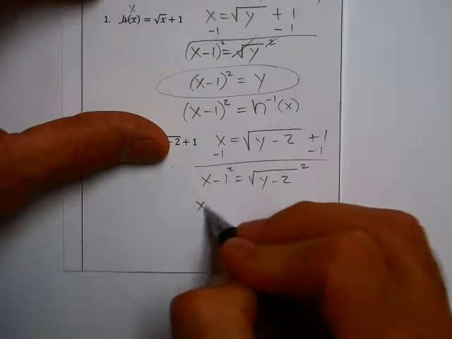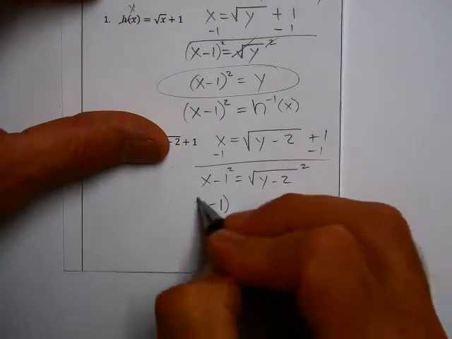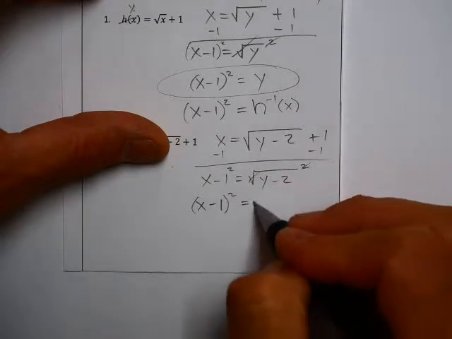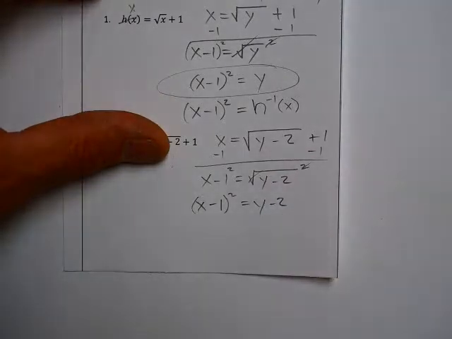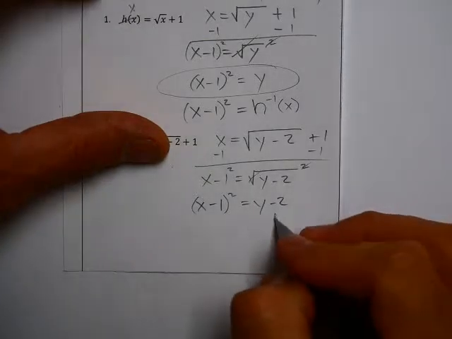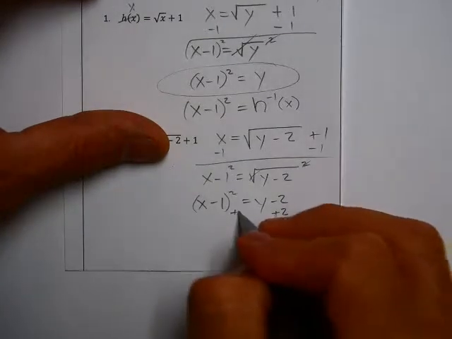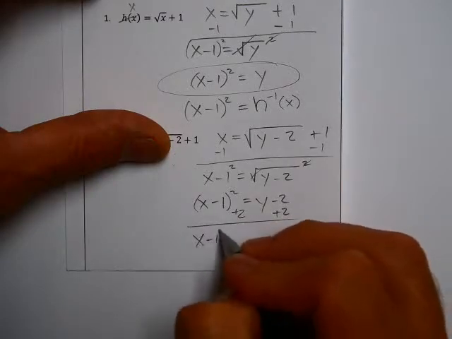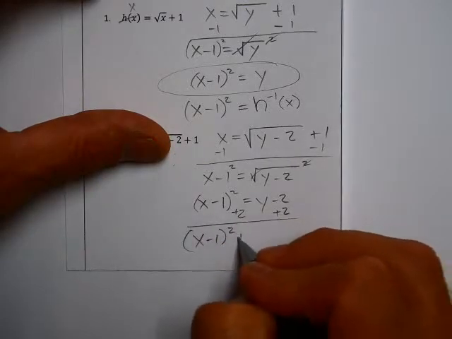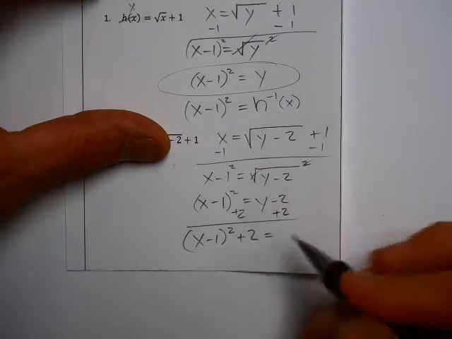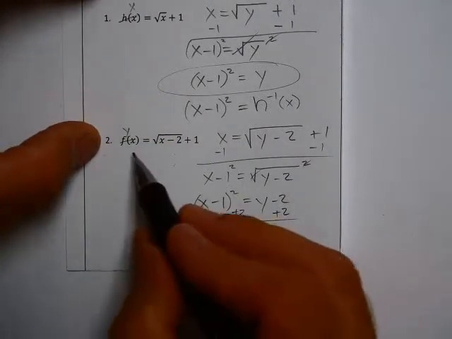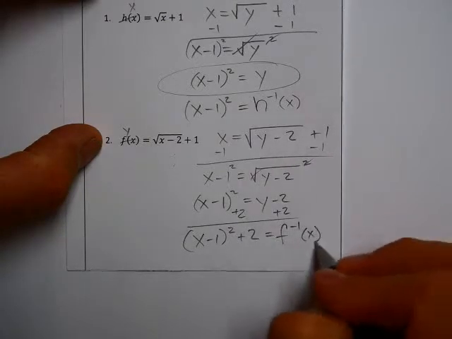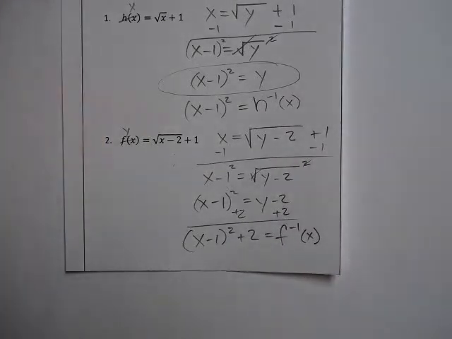So I get x minus 1 quantity squared equals, these cancel, y minus 2, and then I need to add that 2 to get that back over to the other side. So x minus 1 quantity squared plus 2 equals y, but I'm going to rewrite that as f negative 1 of x. It's the inverse of the function that we started with.